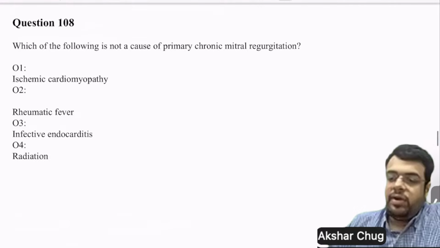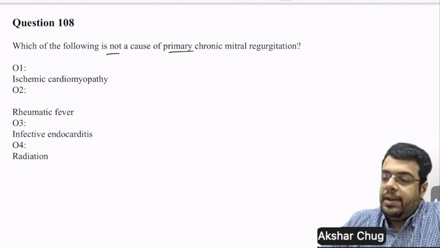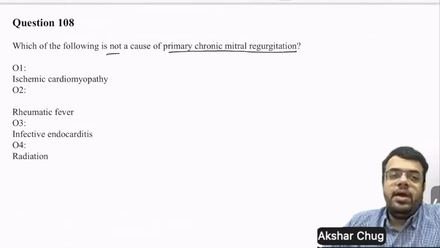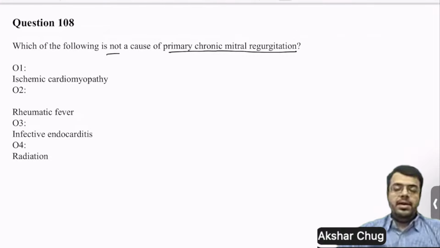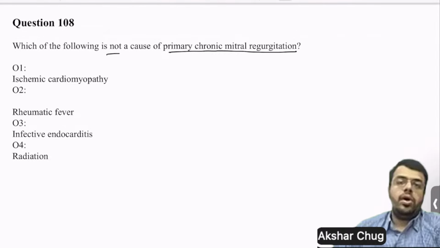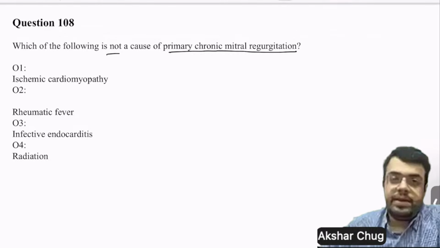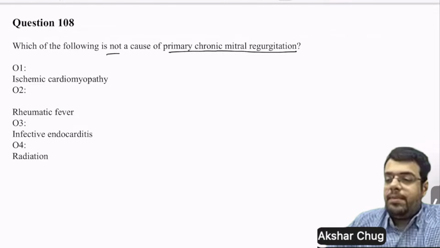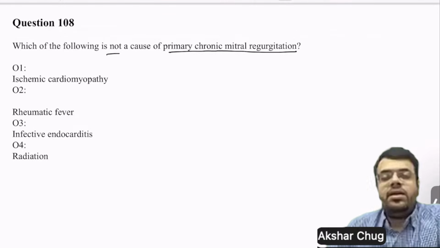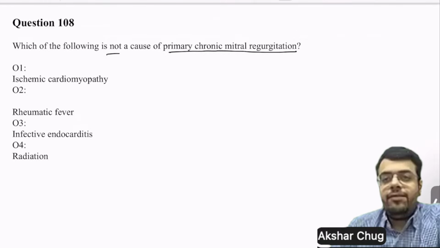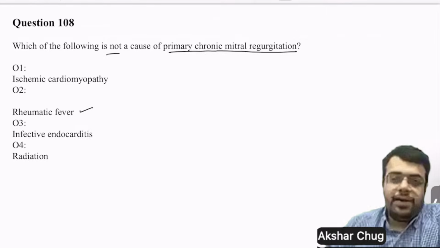In question 108, which of the following is not a cause of primary chronic mitral regurgitation? Now, whenever we hear the word primary, it means that the problem is with the organ in which the disease is present. So primary chronic mitral valve regurgitation means that the problem is in the mitral valve itself. Rheumatic fever affects the mitral valve.